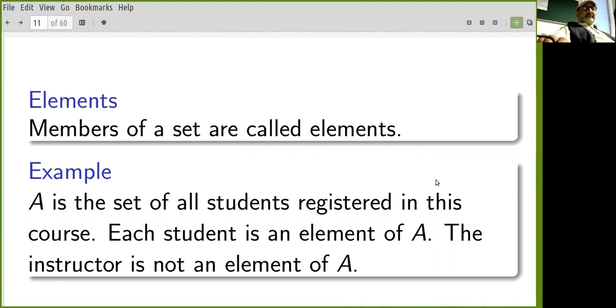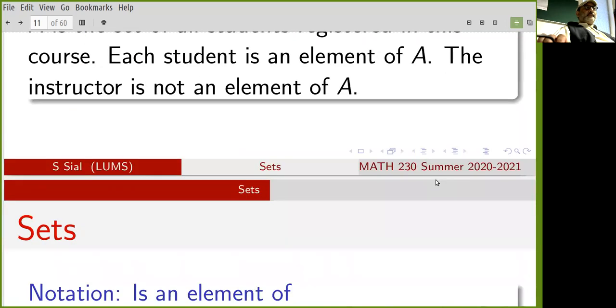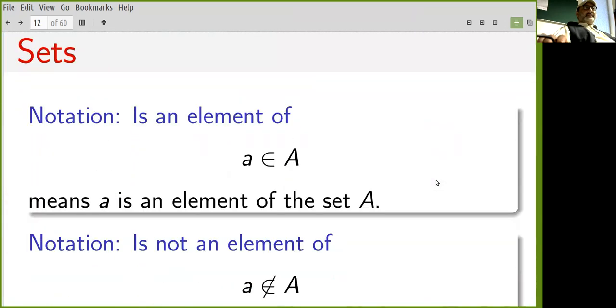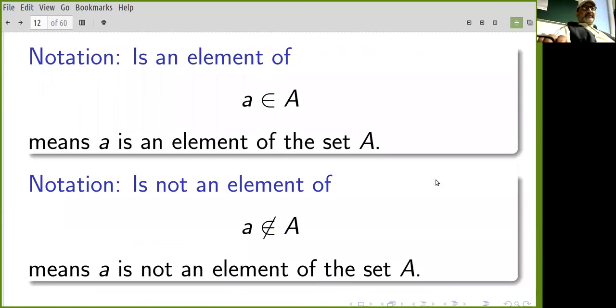Each student is an element of A, and the course instructor is not an element of A. And this is the notation. We read this as small a is an element of the set capital A. And if I want to say that small a is not an element of A, I put a stroke through the symbol which means element of. So this reads, a is not an element of A.